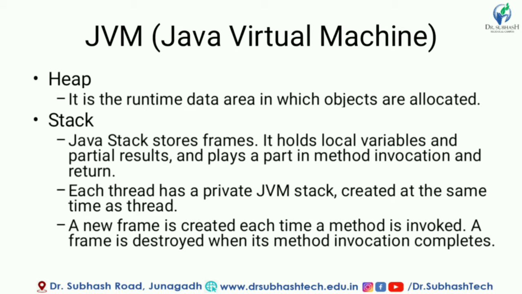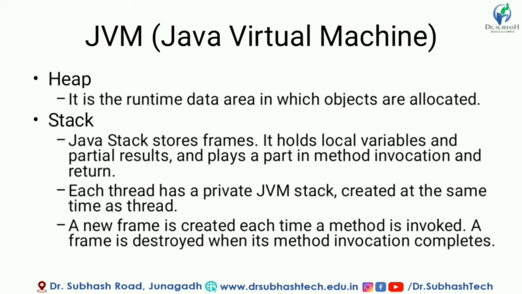Then there is a memory area which is the stack. As we know, stack is last in first out, right? It follows the LIFO pattern. Whatever is inserted last is popped out first. And this stack is used for storing the methods of the classes of a Java program.